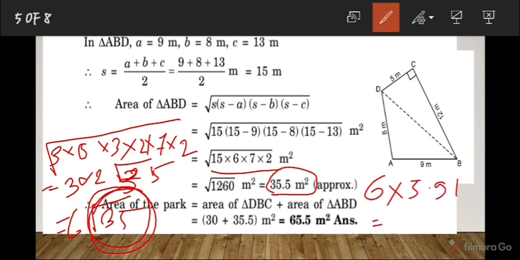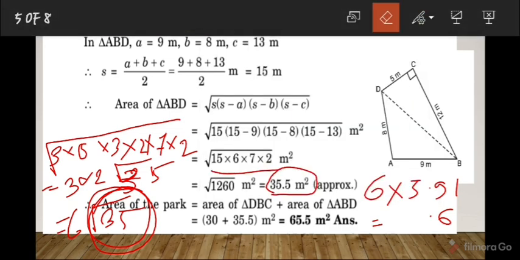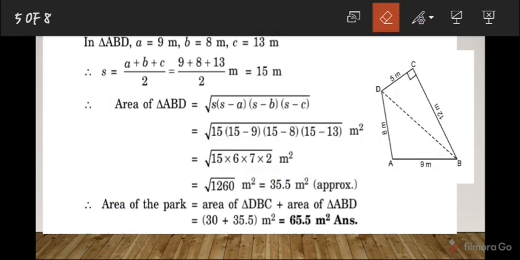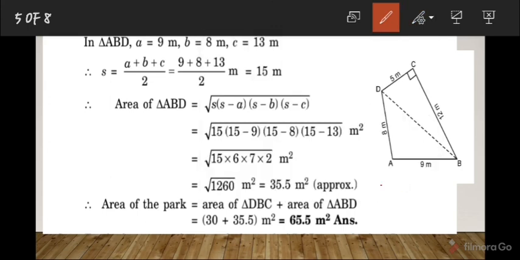Okay, just do the calculation. It is 6 into, right? 6 into root under 35, that is 6 into 5.91.